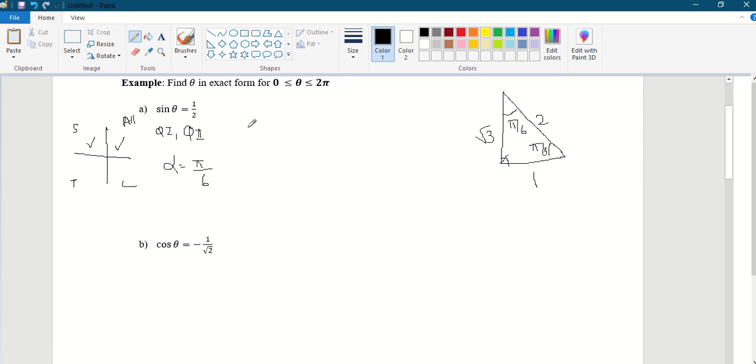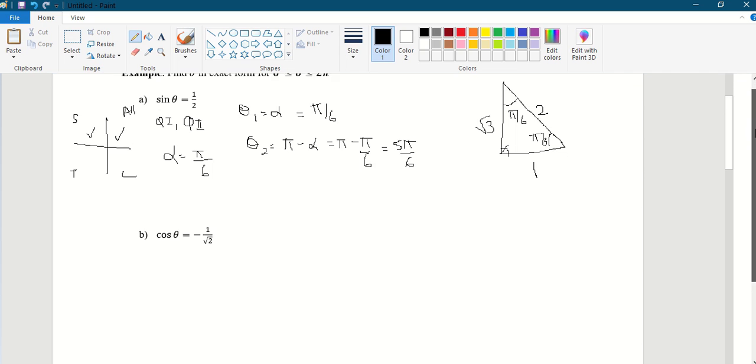Now that we know it's pi over 6, we know in the first quadrant theta and alpha are the same. So one of the answers we have is pi over 6. Now for the second answer, we know theta 2 in the second quadrant is pi subtract alpha. So in our case, pi subtract pi over 6. Taking a common denominator, this will be 6 pi over 6 subtract pi over 6, giving us 5 pi over 6.